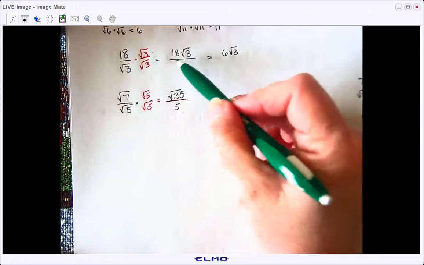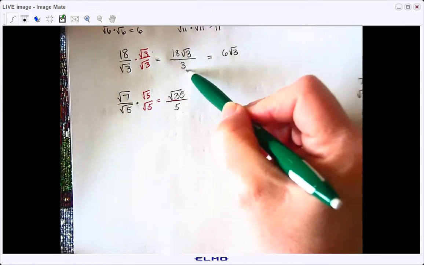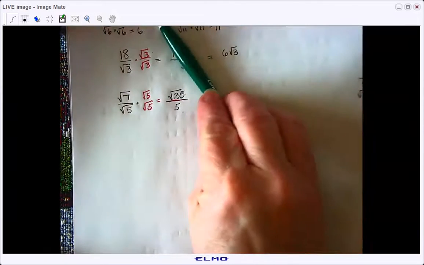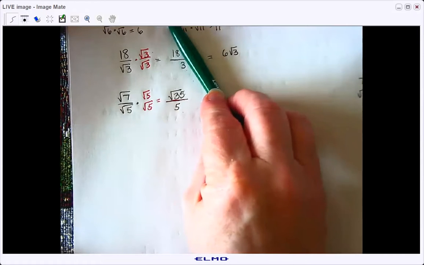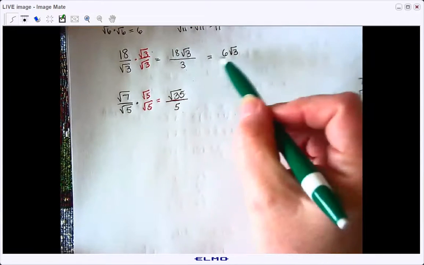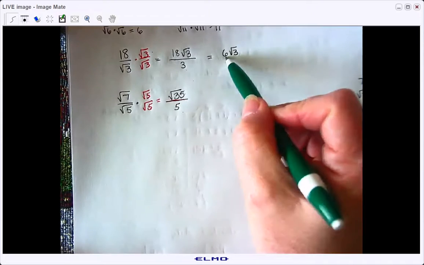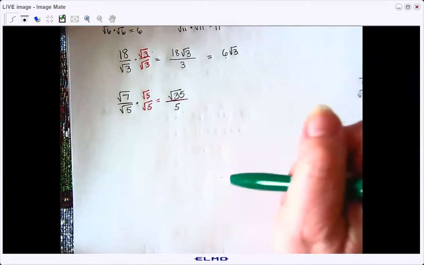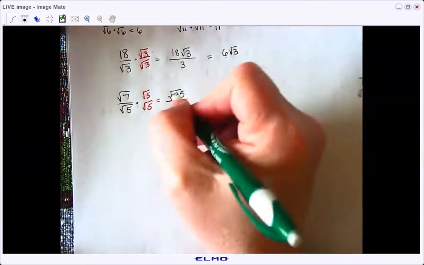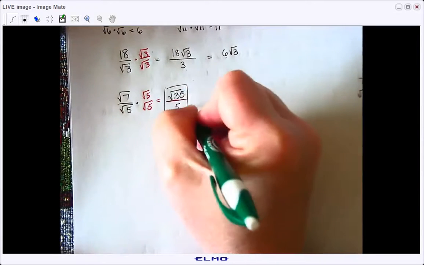The reason we divided the 18 and the 3 here was because these were both outside numbers. That's why it allowed us to get the 6. But the root 3 didn't get touched. It was an inside number, so it was off limits. So this would be our final answer.